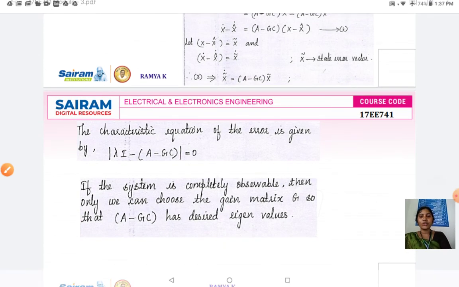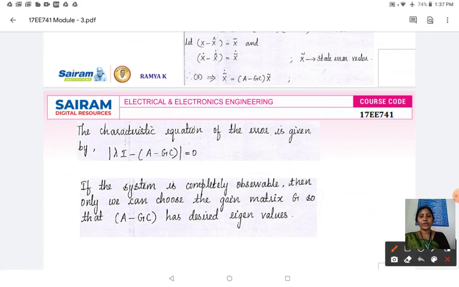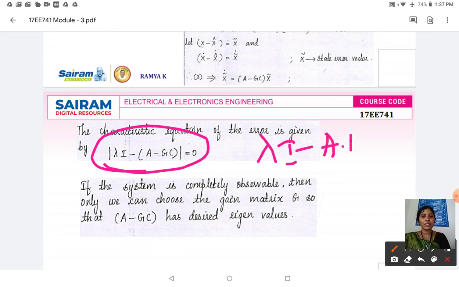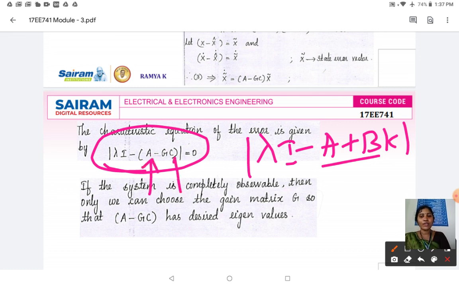So now the characteristic equation to find your state observer gain is determinant of lambda I minus A plus GC equal to 0. Whereas in the case of state feedback gain, it is lambda I minus A plus BK. When you look at this, there only your A and B, only your input, are associated. Whereas over here, you have the A matrix as well as your C matrix.